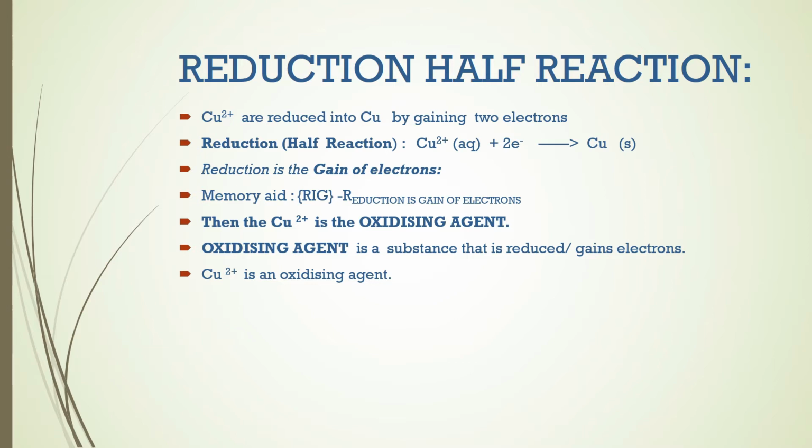The memory aid you can use is RIG: reduction is gain of electrons. Then the copper 2 plus is the oxidizing agent. An oxidizing agent is a substance that is reduced, that gains electrons. Copper 2 plus is an oxidizing agent.